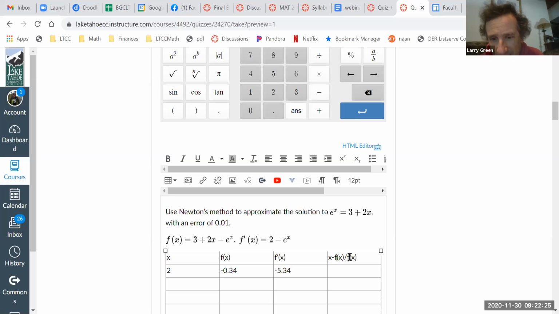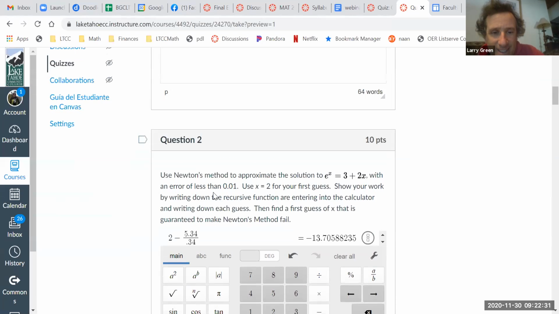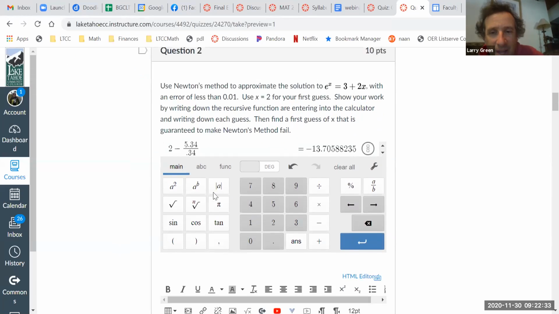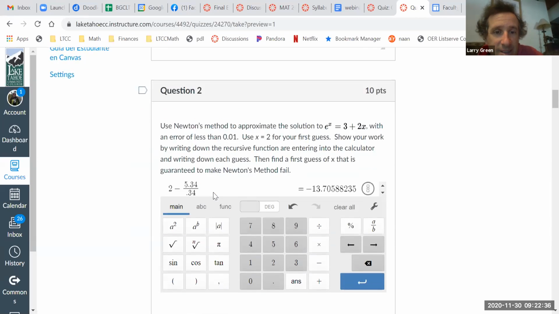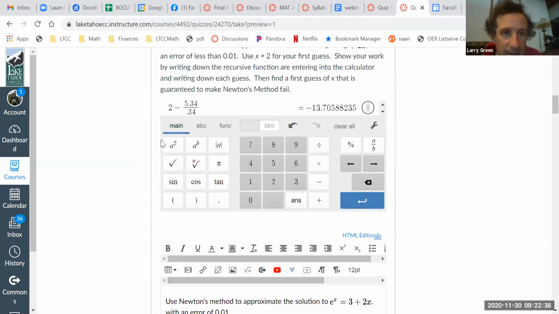I looked at it and thought, no, that's not right. I apologize, let's redo that and go back to the calculator. It's 2 minus 0.34 divided by 5.34, and that gives 1.94.